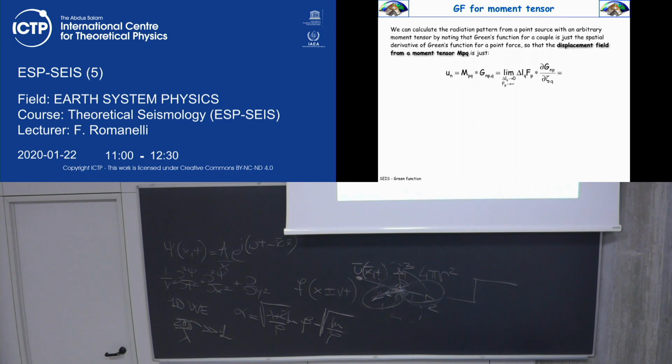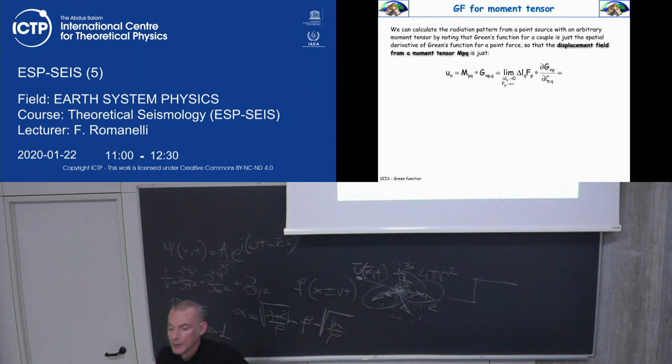So we can use the representation theorem in its simplest fashion, a point source. And you do remember that the equivalent body force of the shear dislocation is a couple with a seismic moment M0 multiplied by the moment tensor. So what we have to do now is to take the Green's function, that is a solution to a force, apply an arm, consider a couple, consider another one, and consider another one.